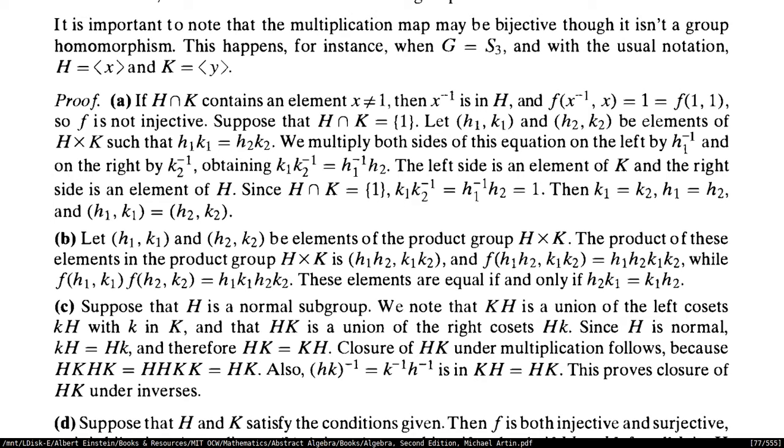But the product of two of these images, right? So if you multiply f of (h1, k1) with f of (h2, k2), so you apply the function on two of these elements and then take the product, you're going to also get the same.